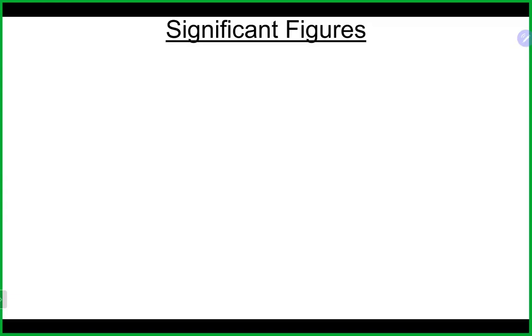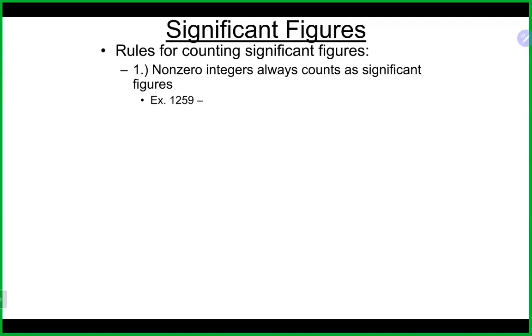All right, so now that we've kind of talked about where significant figures come from, let's talk again about the actual rules for counting something as a significant figure. So the rules for counting significant figures are as follows. Any number that is not a 0 is considered a significant figure.